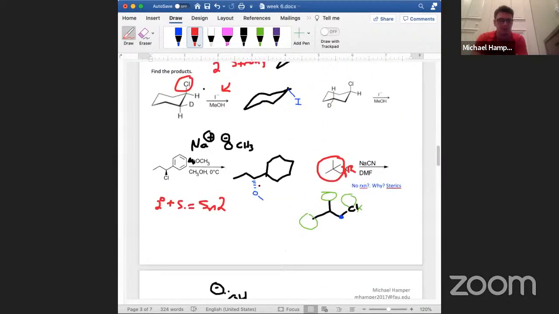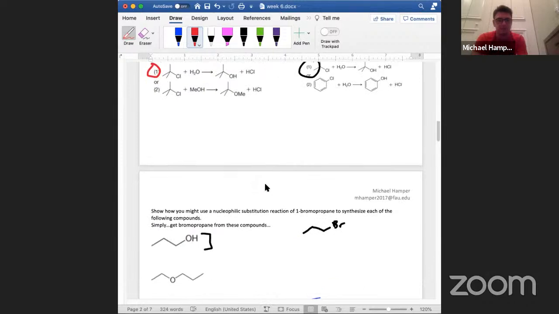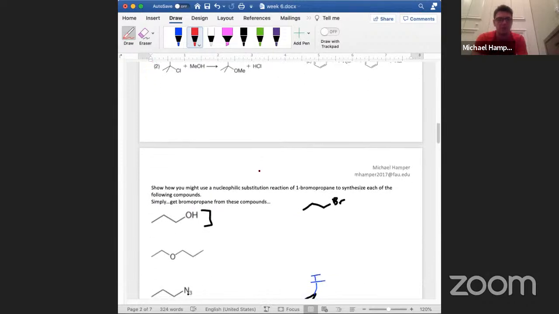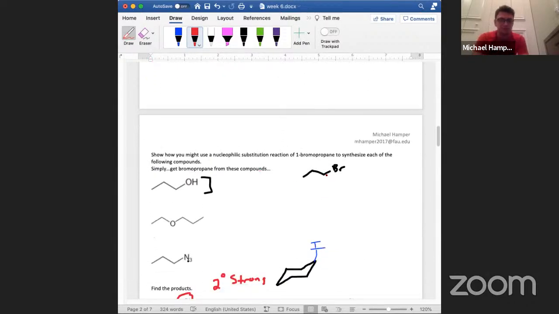All right, is there another example that I have? So if you were to go from this to this, or even the reverse, say I have this as a reactant.